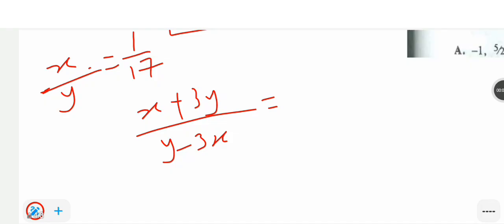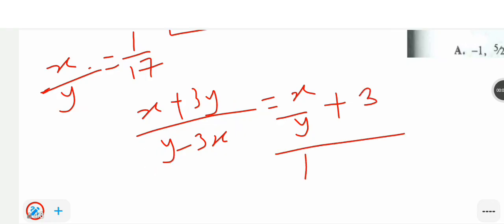Divide each term by y. x divided by y gives x over y, plus 3y divided by y gives only 3. y divided by y gives 1. 3x divided by y gives 3x over y.